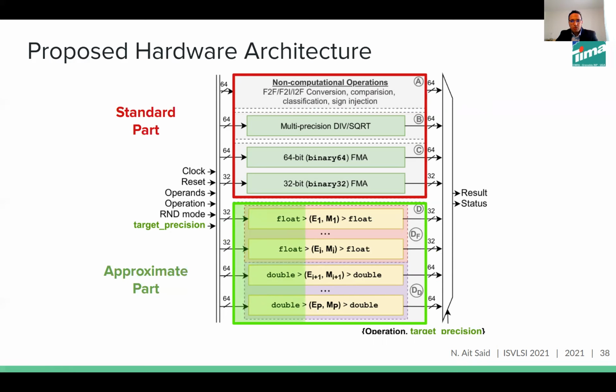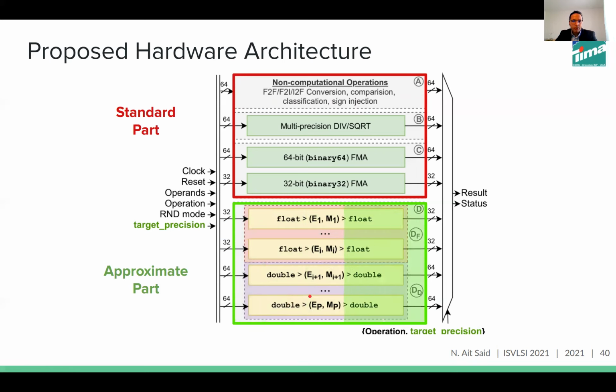To support reduced precision computation, we added a third block, which contains reduction blocks that cast the original inputs from either float or double to an approximate reduced precision EI-MI, with I between 1 and P. Then there are reduced precision operators that execute the operation in the reduced format.